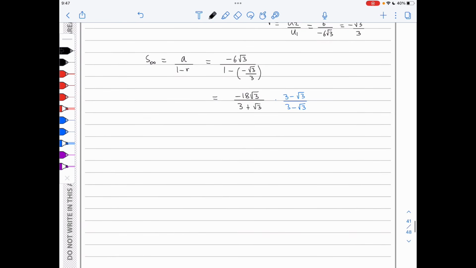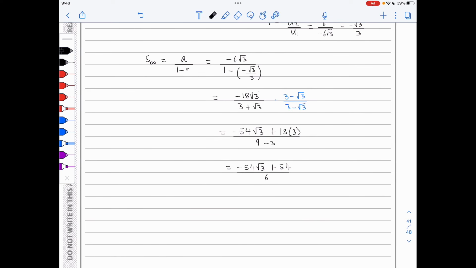So this gives an answer of minus 54 root 3 plus, well, 18 root 3 times root 3 will be 18 times 3, over a denominator of 9 minus 3. So this is minus 54 root 3 plus 54 over 6.